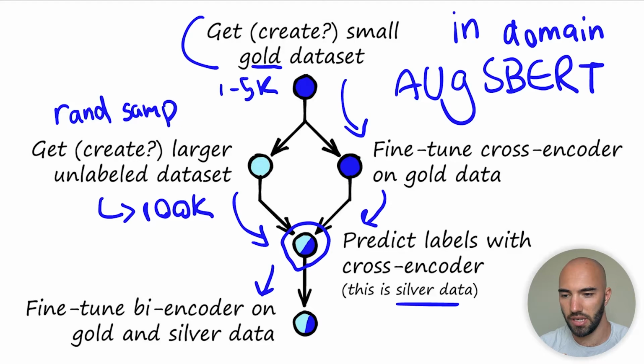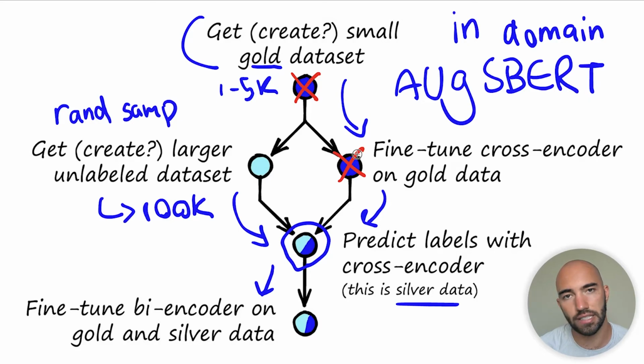Okay, so we now have our gold data set, which we have pulled from Hugging Face datasets, and we've just fine-tuned a cross encoder. So let's cross both of those off of here. Before we actually go on to predicting labels with the cross encoder, we need to create that unlabeled data set.